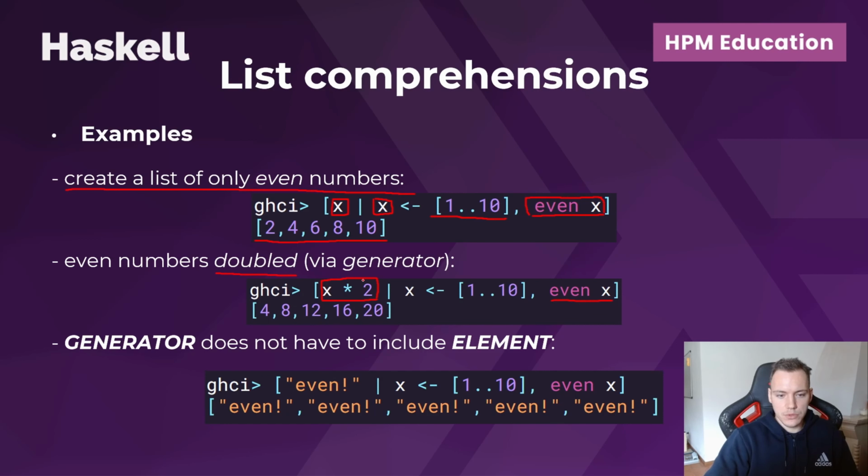And the third example shows that the generator does not have to include the element. So we can just use the element for checking a predicate, and we can create a completely different value for the new list.